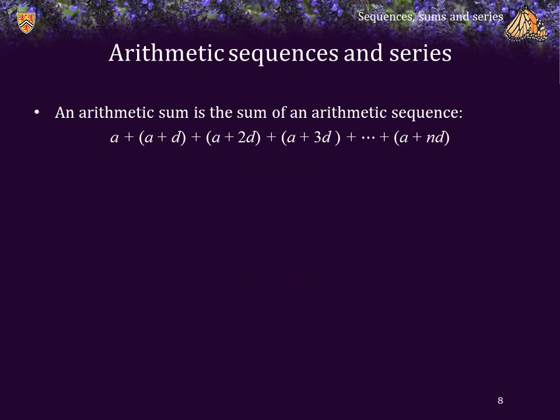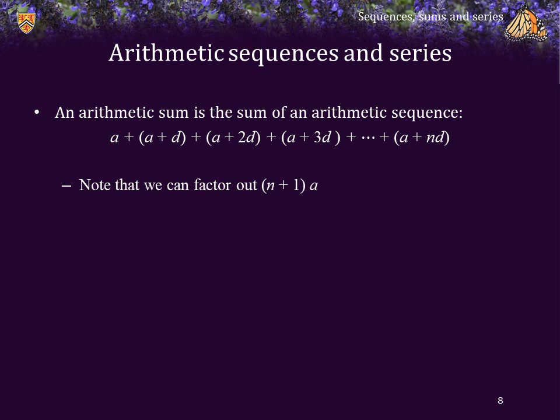Now, an arithmetic sum is the sum of the terms of any arithmetic sequence. So we would just sum the entries up in any arithmetic sequence starting at a and ending at a plus n times d. Note that there are n plus 1 terms, and each of those terms has an a in it.